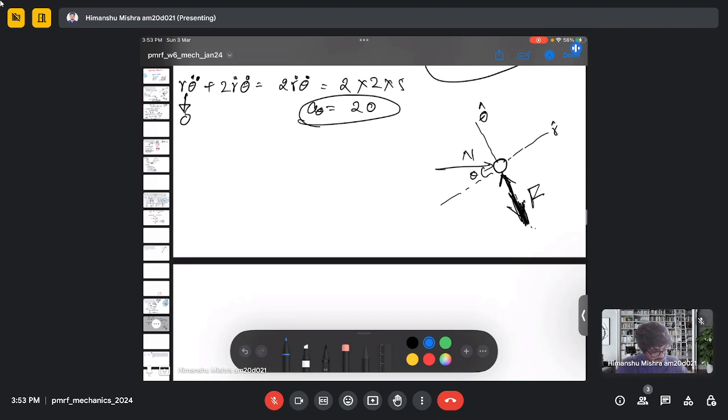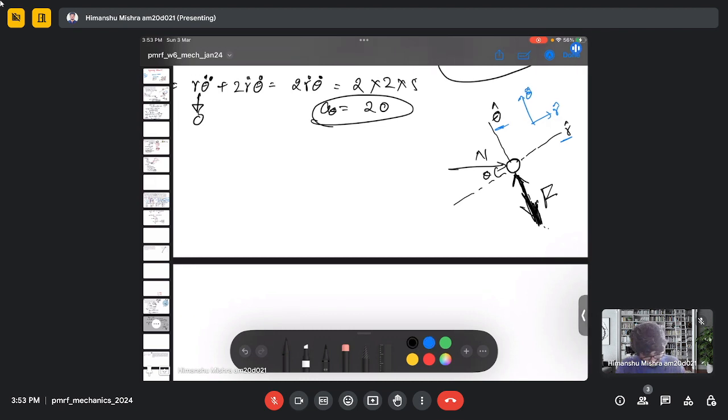And my coordinate system here is already given. In the radial direction, if I do the force balance, then I will have the summation of forces equal to mass times acceleration in the radial direction.